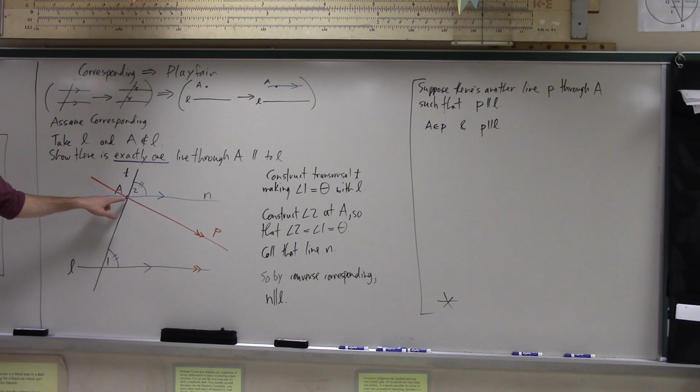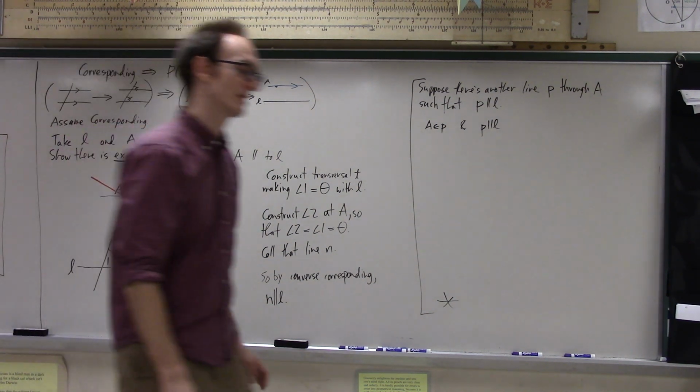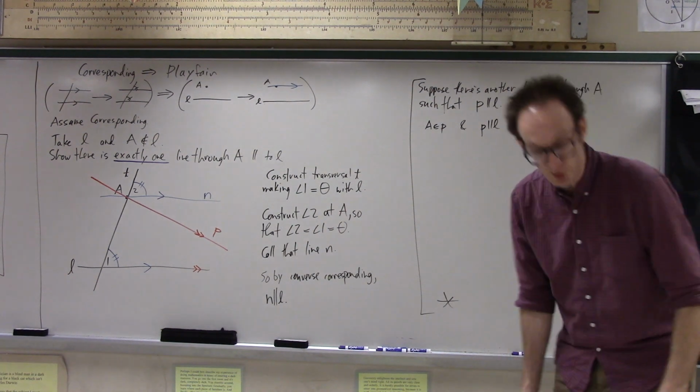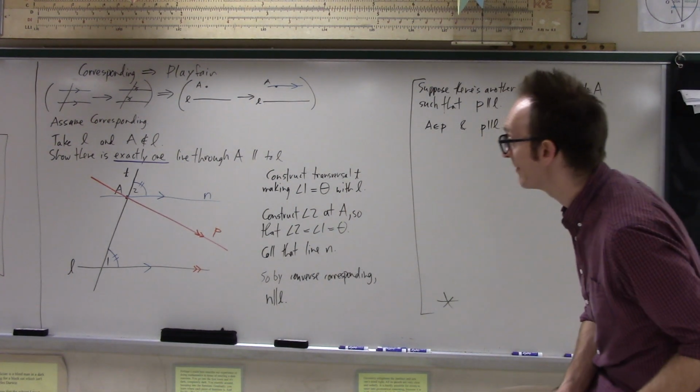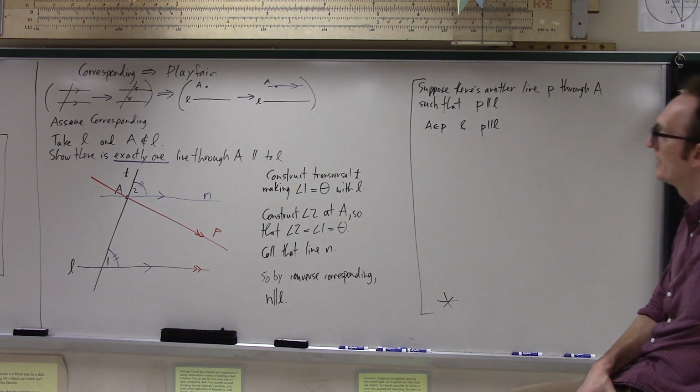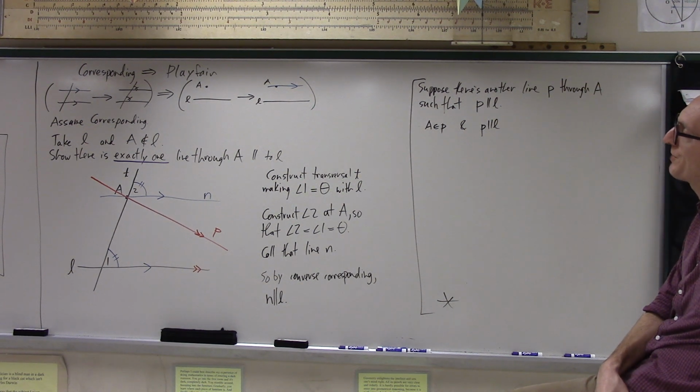But N and P are not parallel, they intersect at A. So we're done, we proved the parallel postulate. Wow, that is a good example of an erroneous proof that's so simple that hopefully no one ever published that. But that's how you could get tricked into thinking that you proved the parallel postulate.